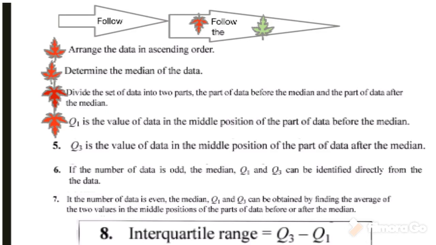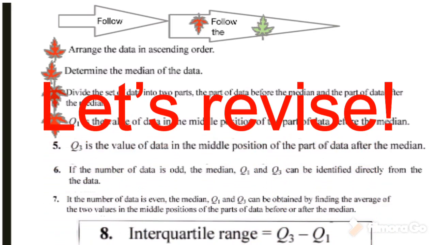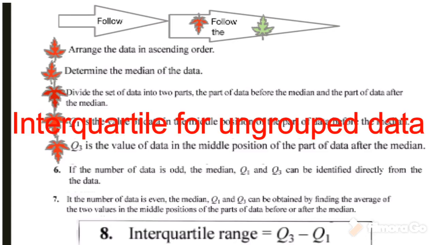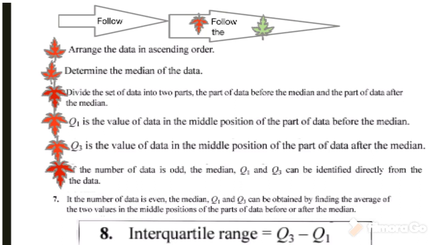Step 4. Q1 is the value of data in the middle position of the part of data before the median. Step 5. Q3 is the value of data in the middle position of the part of data after the median. Step 6. If the number of data is odd, the median, Q1 and Q3 can be identified directly from the data.